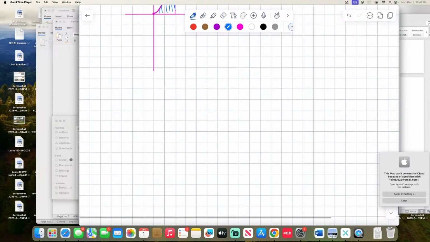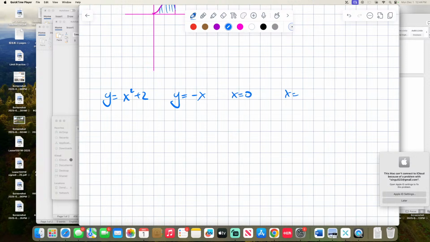So let's just say today I have y equal to x squared plus 2, and y equal to negative x, and x equal to 0 and x equal to 1. I want you to find out the area between those functions.